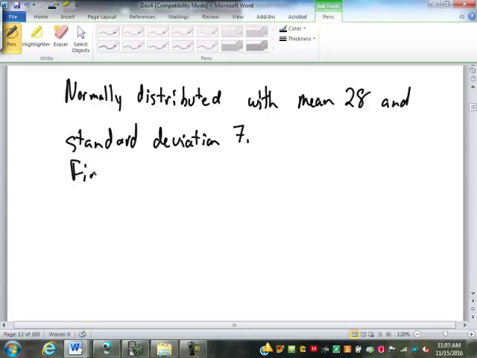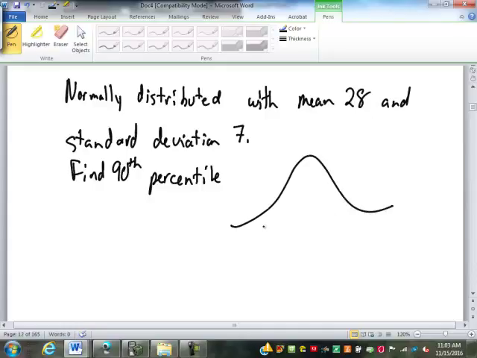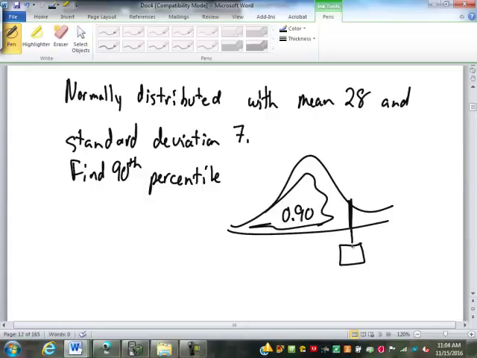Let's say somebody is at the 90th percentile. Find the 90th percentile. All this is saying is on our curve, we want to find the value here to where the probability is 0.9 to the left. So we're finding this value.